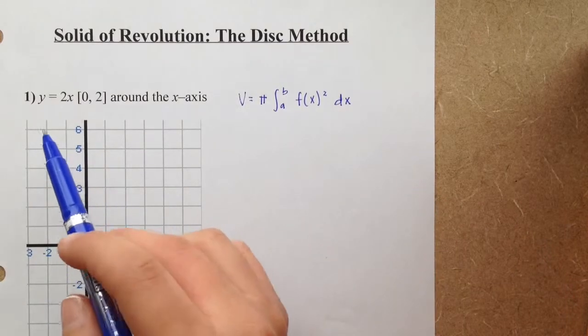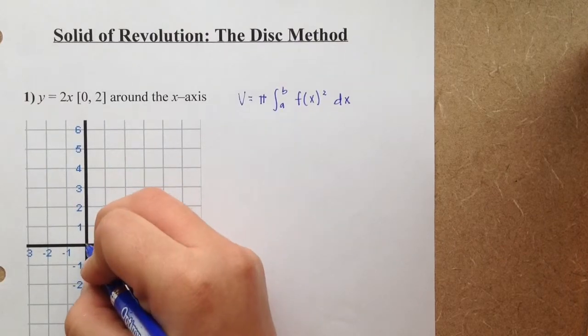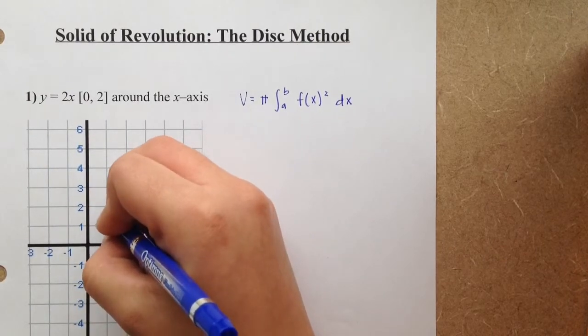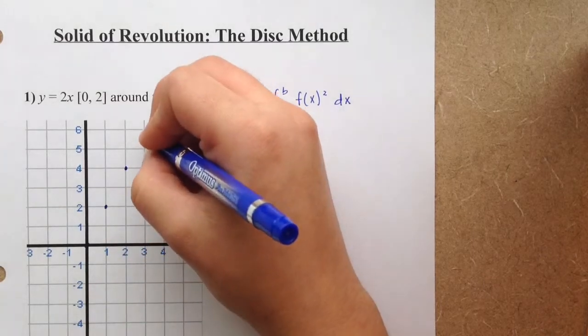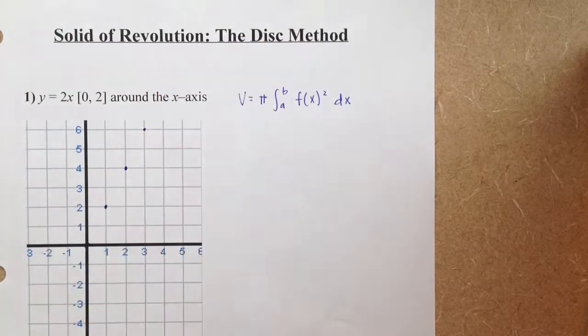So I'm going to graph out the function y equals 2x, which should look something like that.